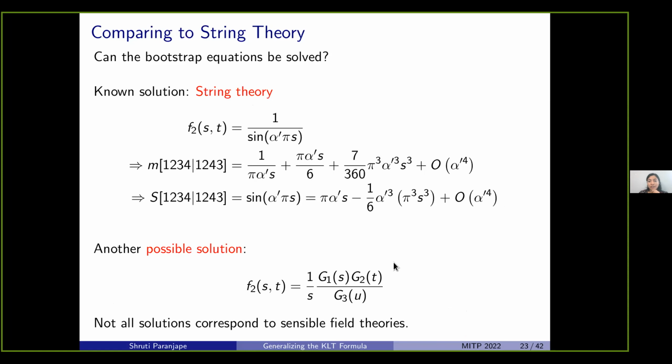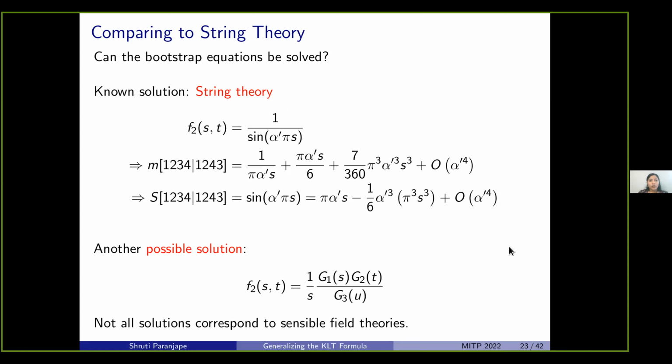And this F2 function over here is a good example of such a thing. And actually, the string theory example itself is a pretty good example because 1 over sine is not an amplitude. It doesn't have the right pole structure. Around alpha prime equals 0, it does, but once resummed it doesn't.